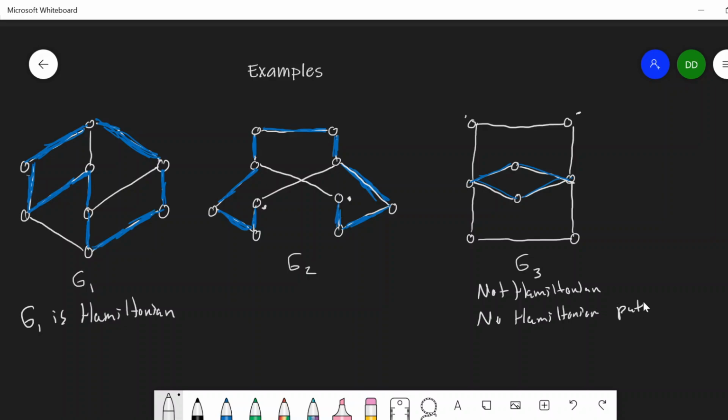Not being Hamiltonian means no Hamiltonian cycle, and this doesn't even have a Hamiltonian path in it. The previous one was not Hamiltonian, it didn't have a Hamiltonian cycle, but it did have a Hamiltonian path.